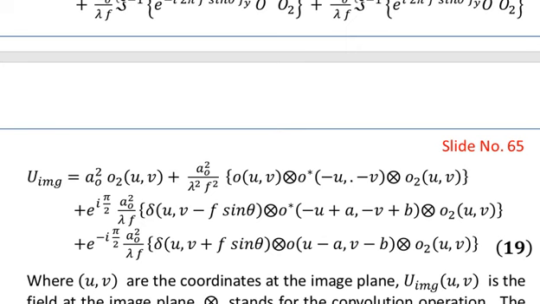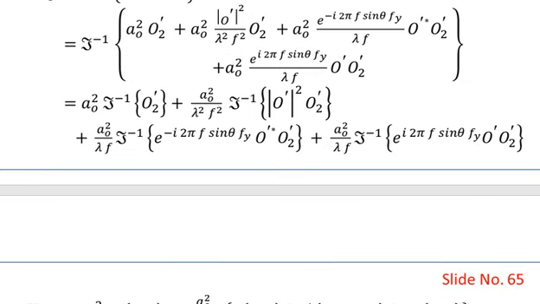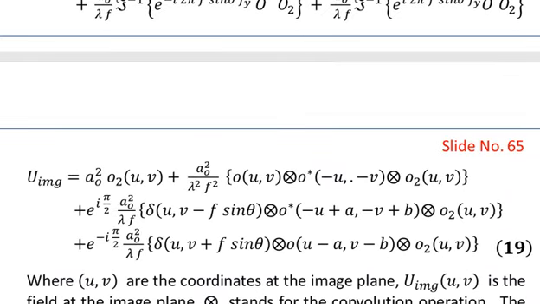And then you know that we are using U V as the coordinates at the image plane. Now look at the second term over here: the absolute square of O prime and O2 prime are multiplying, so they will convolve with each other, which we have shown over here with the convolution sign.